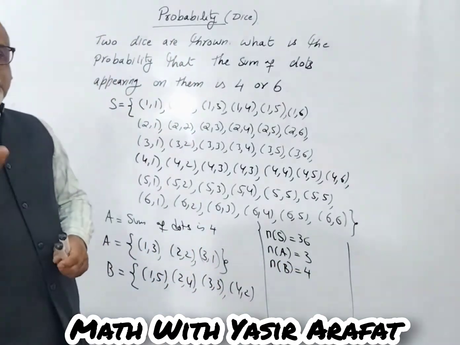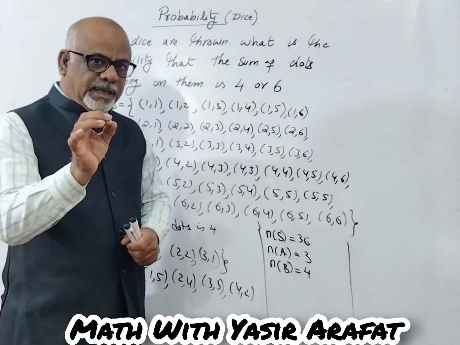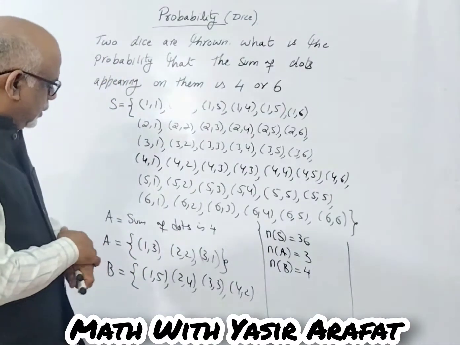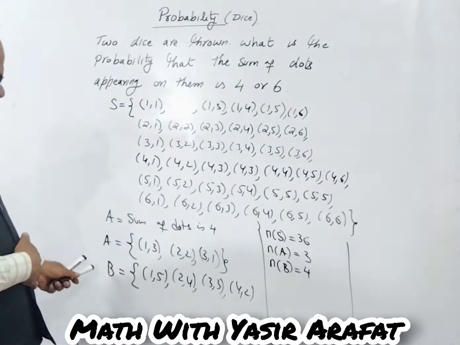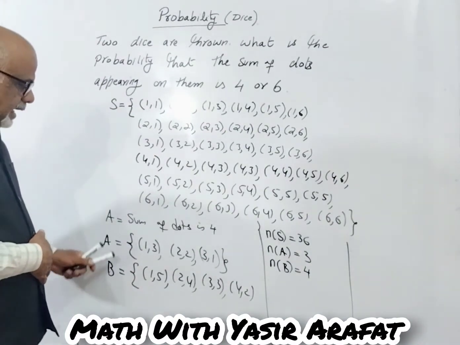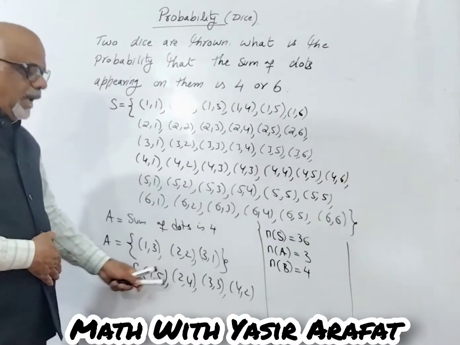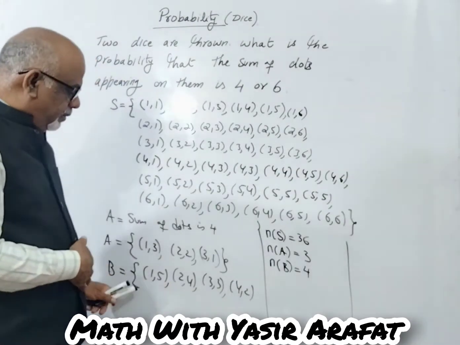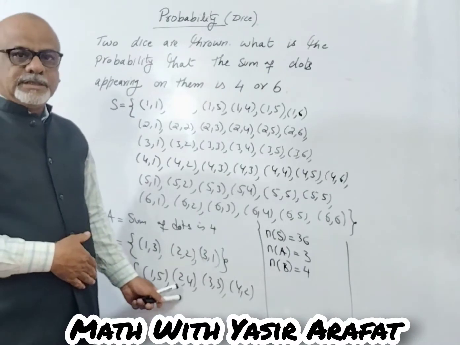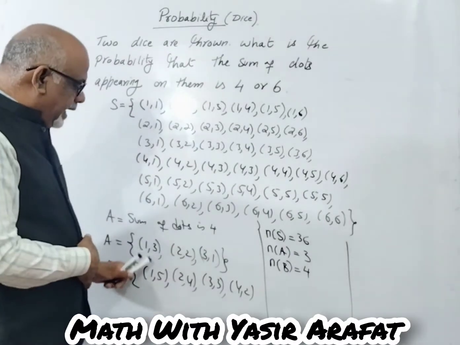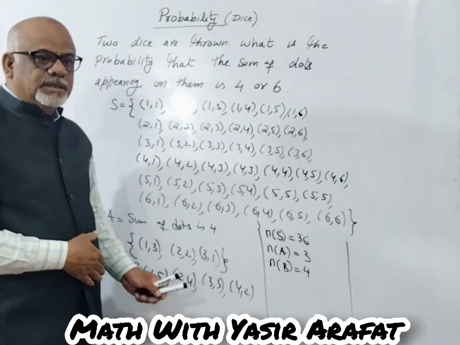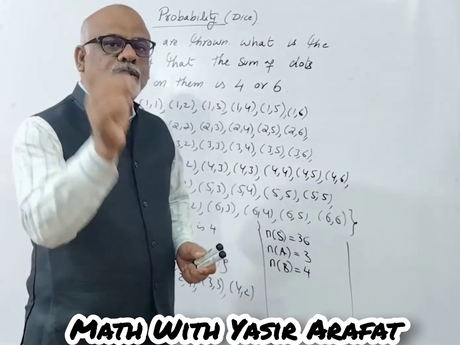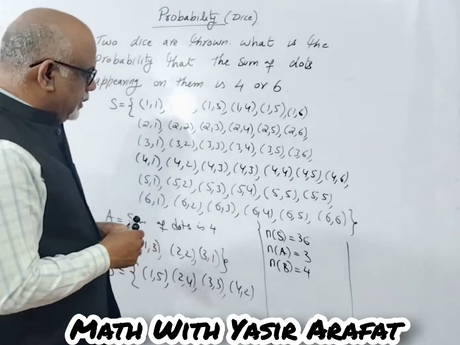Now we have to check whether A and B are mutually exclusive events or non-mutually exclusive events. So now focus on set A and set B. In set A and set B, there is no common ordered pair. That means A and B are disjoint sets, which means A and B are mutually exclusive events.